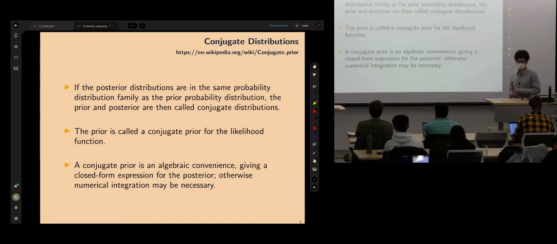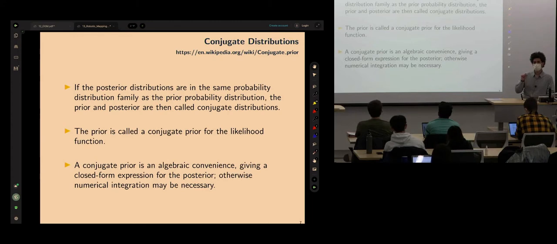That means if your prior is Gaussian and your posterior is Gaussian, then here's a choice for the likelihood function that will allow you to have this conjugacy. A Gaussian prior, with a proper likelihood which is the conjugate for the prior, will give you another Gaussian posterior.